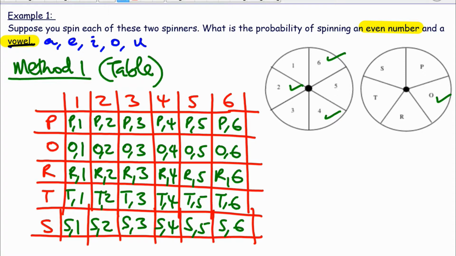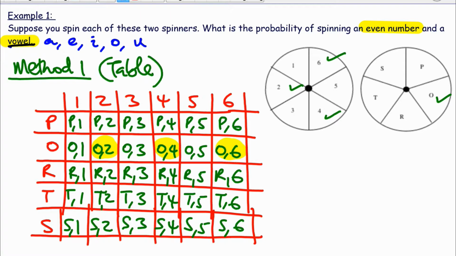So which means the only squares that are giving us these possibilities are these ones here, O and 2, O and 4, and O and 6. O is a vowel, and 2, 4, and 6 are even numbers. So these are the only squares that are giving us cases whereby we have an even number and a vowel.